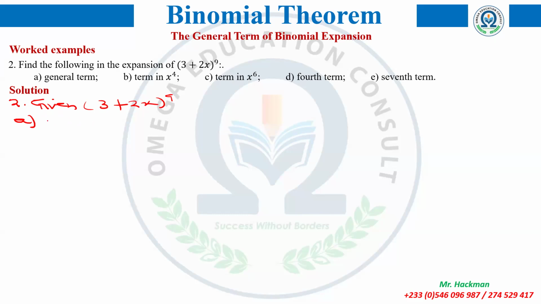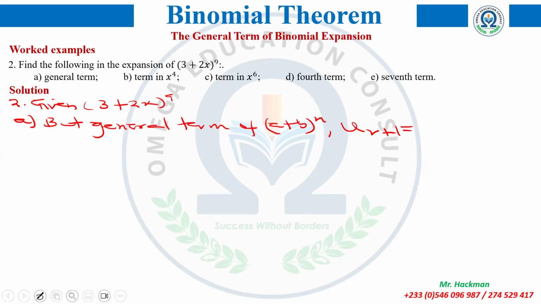So in this case, I'll write: the general term of (a + b) all to the power n will be given by U sub r plus 1 is equal to n combination r times a to the power n minus r, times b to the power r.